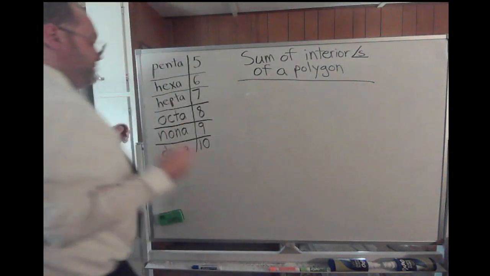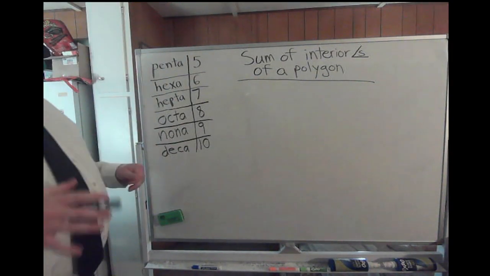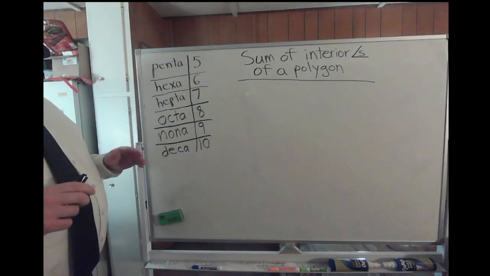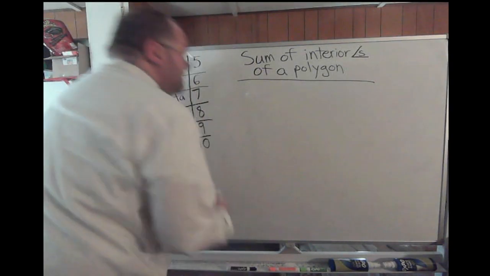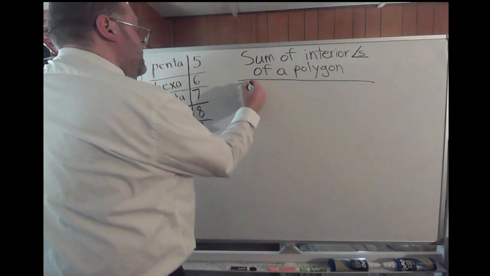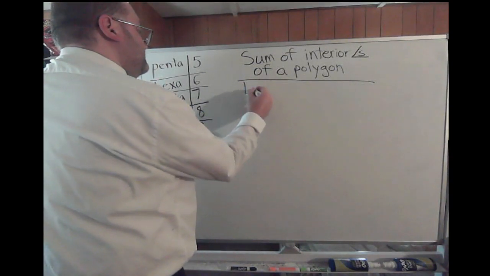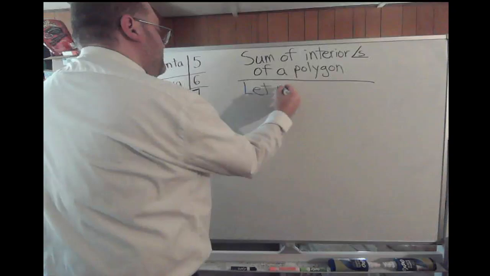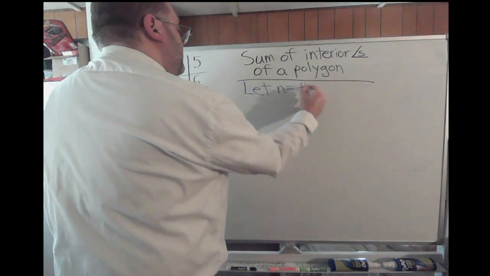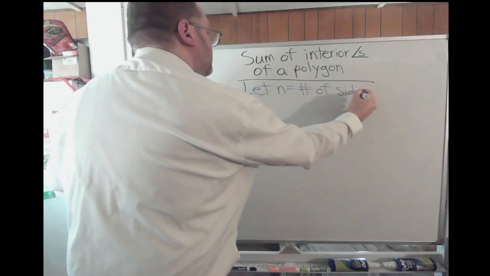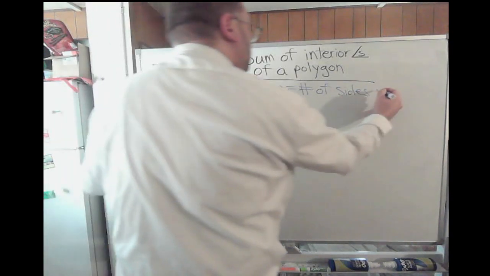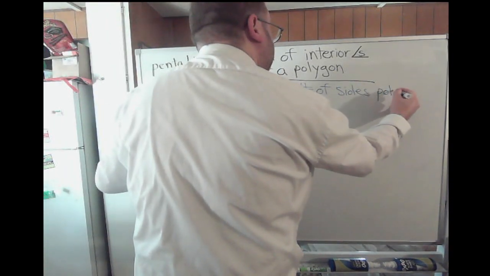Alright, so if you want to find the sum of the interior angles of a polygon, there is a formula for that. I'm going to write it in a different color. Let n equal the number of sides a polygon has.